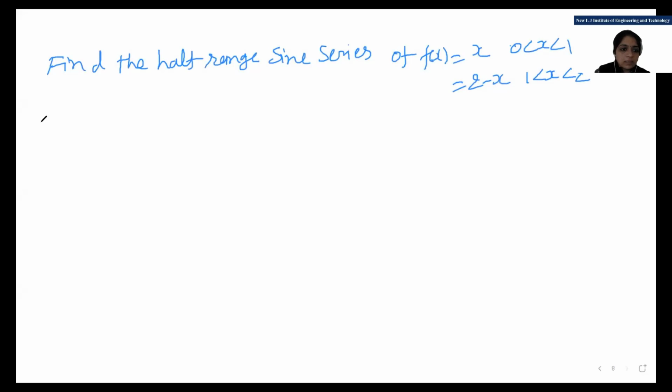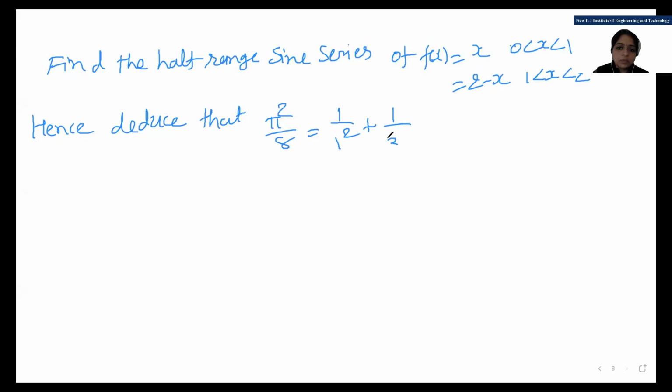Hence deduce that pi square by 8 is equal to 1 upon 1 square plus 1 upon 3 square plus 1 upon 5 square plus up to so on.